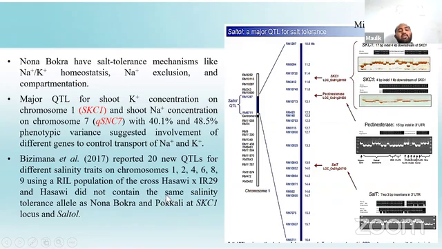Hasawi did not contain the same salinity tolerance level at SKC1 locus and Saltol. So this Hasawi variety is salt tolerant and has other mechanisms other than Nona Bokra and Pokkali.